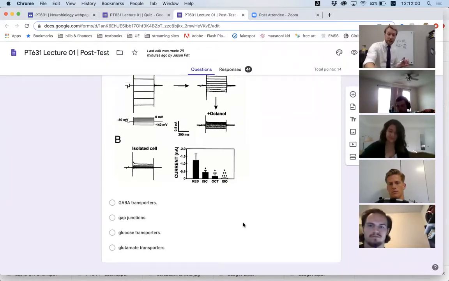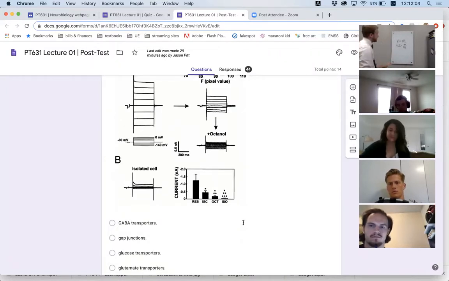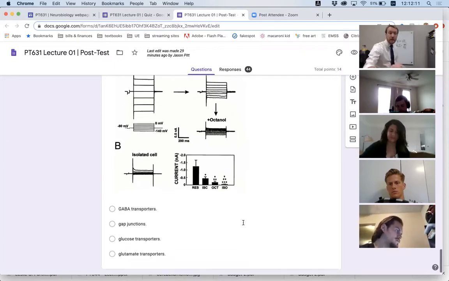All right, so we're doing this in astrocytes. Yeah, I think I wrote that. So what would make sense for increasing the resistance here?